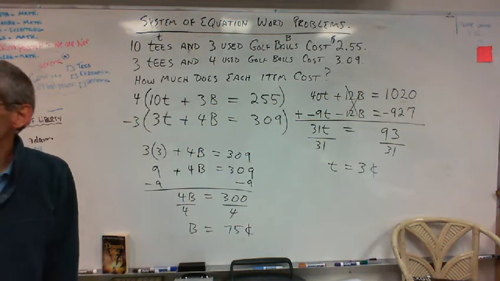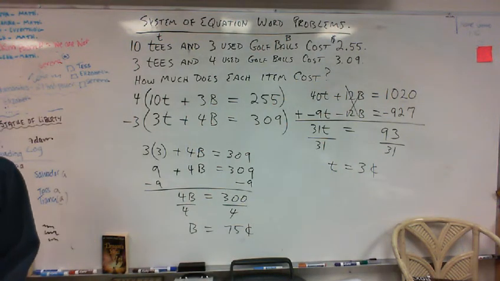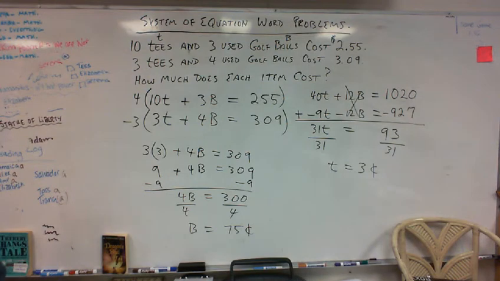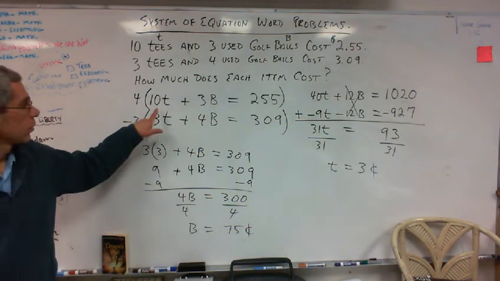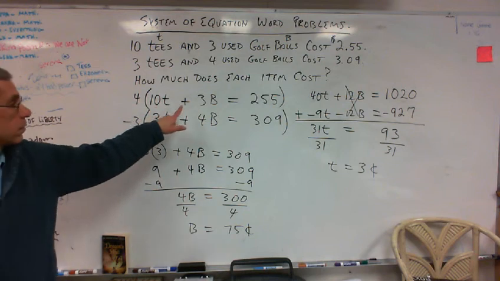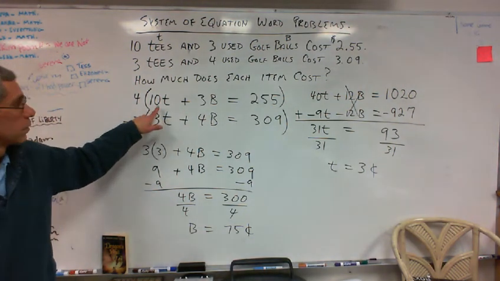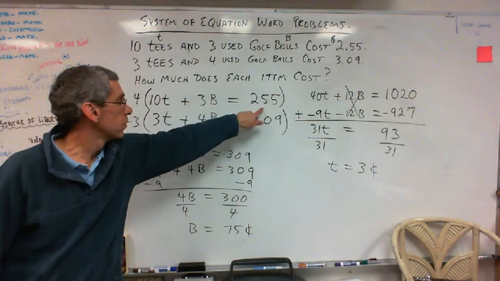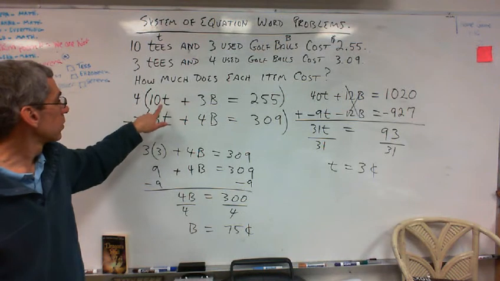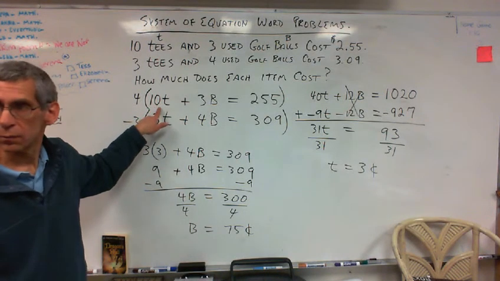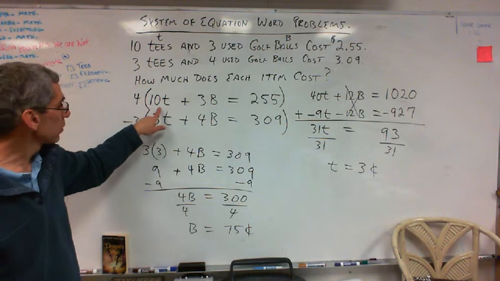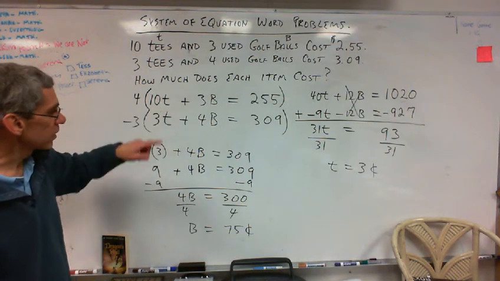Wouldn't that be, because for the first one, 10 tees, that would be 10 times 3, right, 30. And that's already way over the cost of the first one. Well, not necessarily, because think about it.